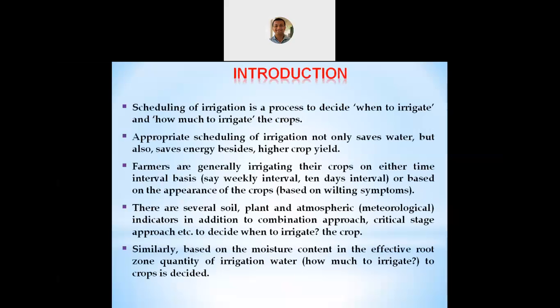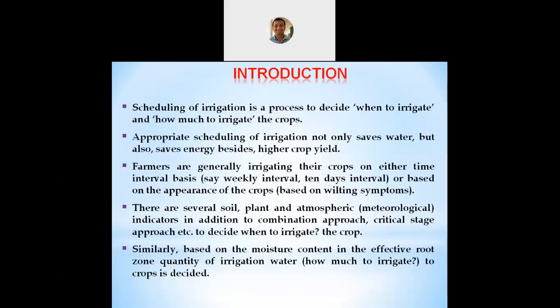Now, scheduling of irrigation is a process to decide when to irrigate and how much to irrigate. As I was saying, not only the timing of irrigation is important, but how much to irrigate is also important, because as in the previous slide we have seen, the amount of water available to the plants varies with the soil type.